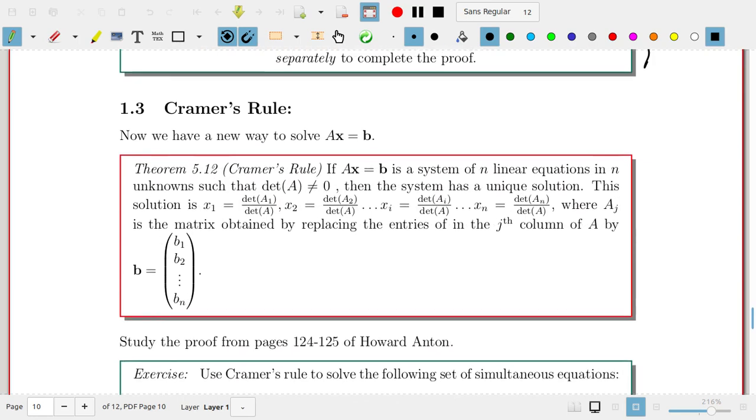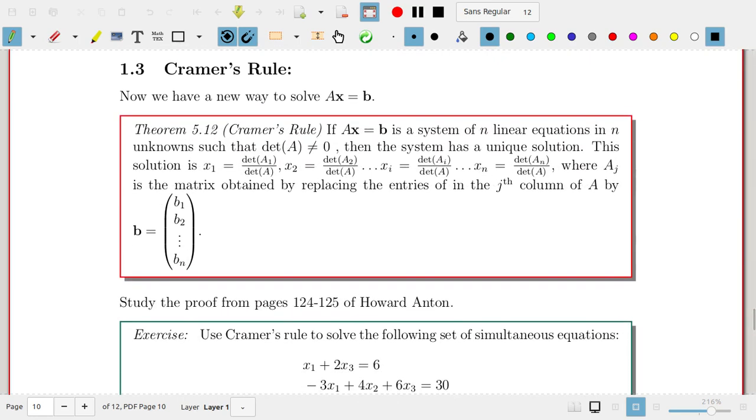Okay, so now we have a new way to solve simultaneous equations. It's called Cramer's rule. So you have a set of simultaneous equations, AX equals V, n linear equations in n unknowns, right?